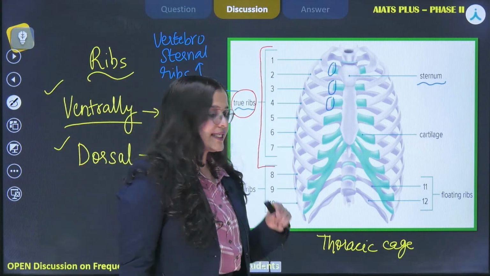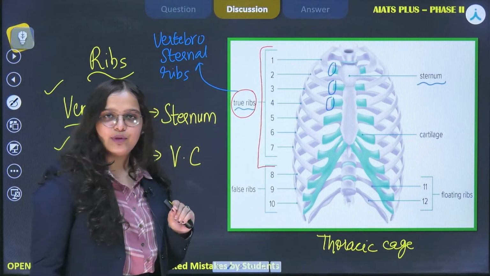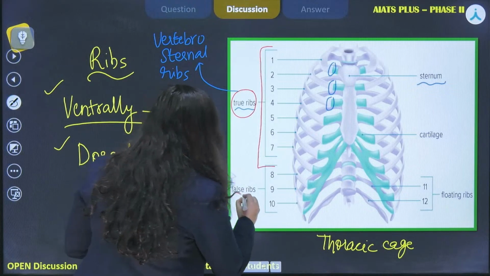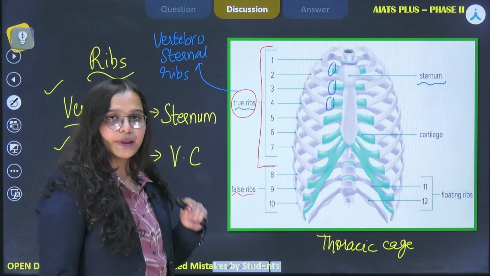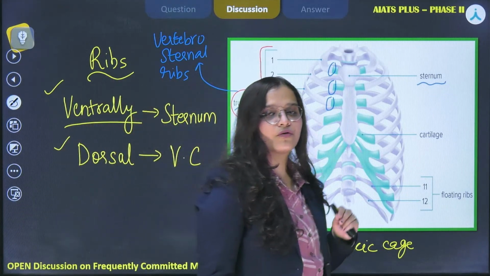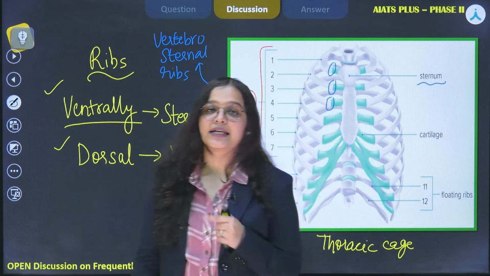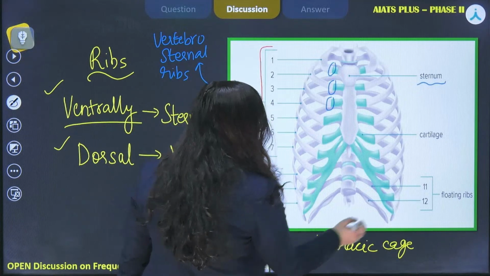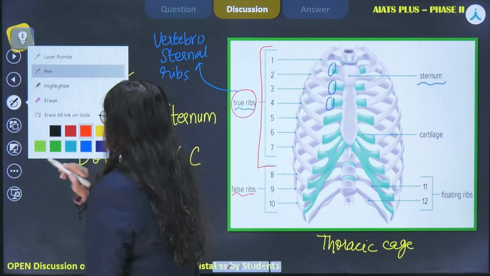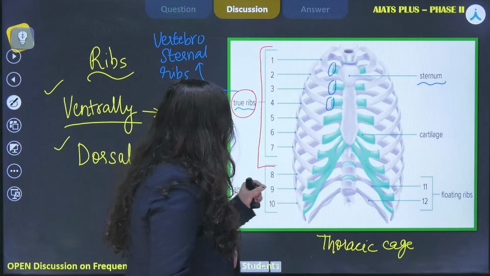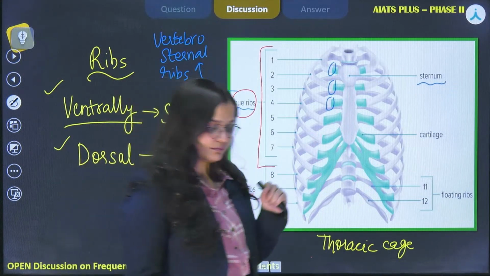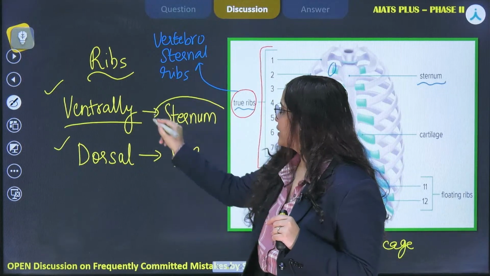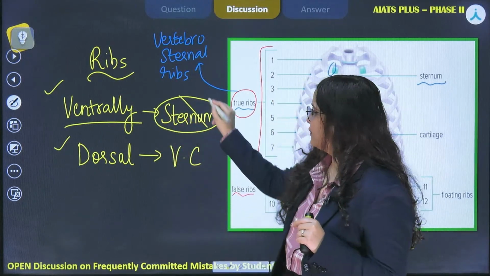Now we can see that there is another labeling, and it has been named as the false ribs. The 3 pairs of ribs, which are the 8th, 9th and 10th pairs, are connected dorsally to the vertebral column, but ventrally they are not connected to the sternum.